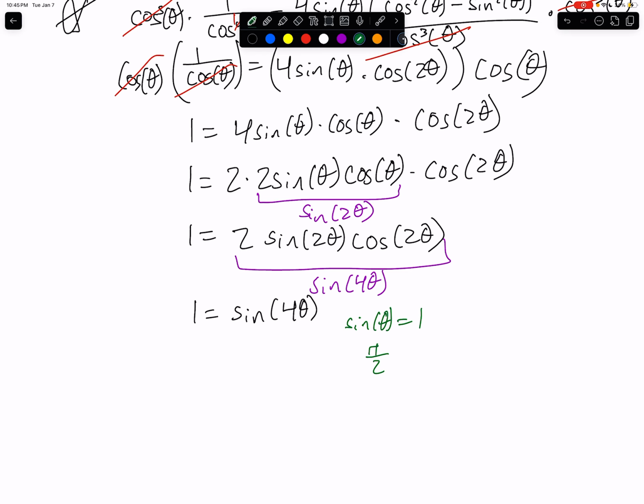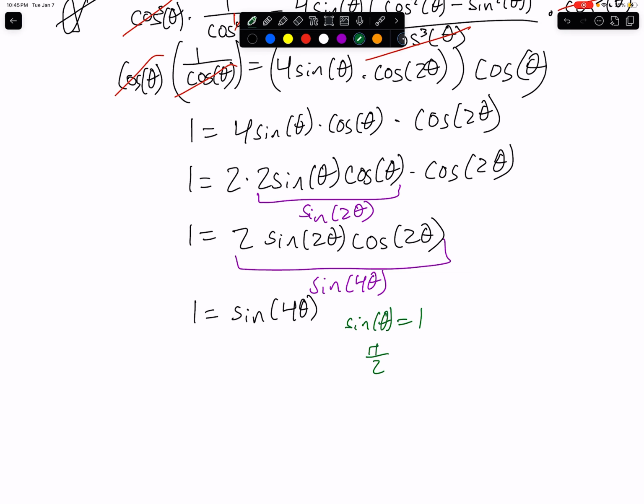Interesting. Okay, so we can keep our domain beyond 0 to 2 pi in order for this to work.